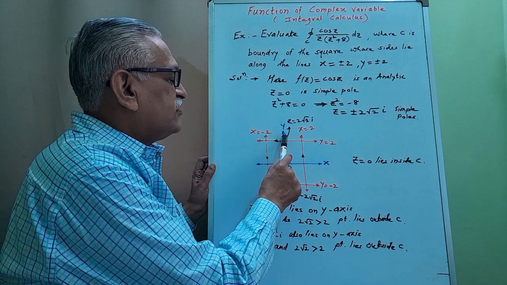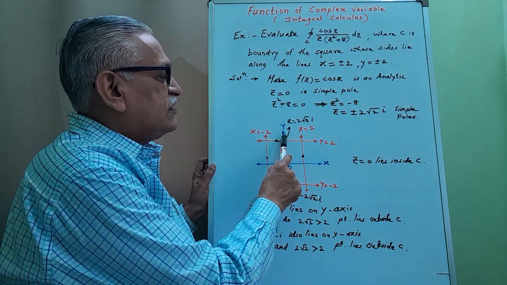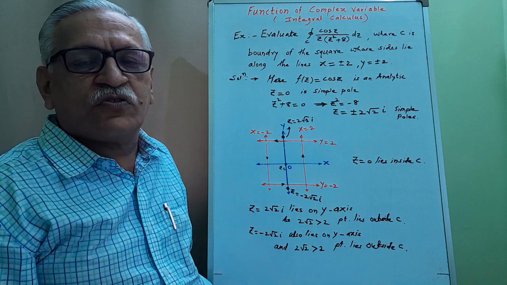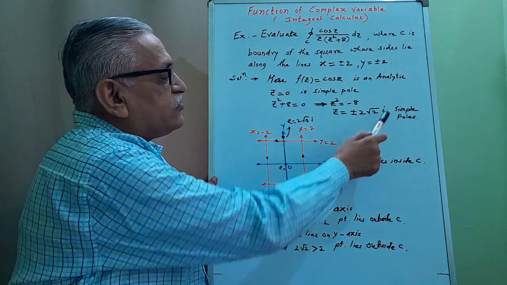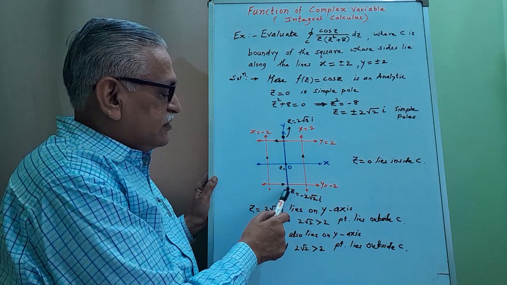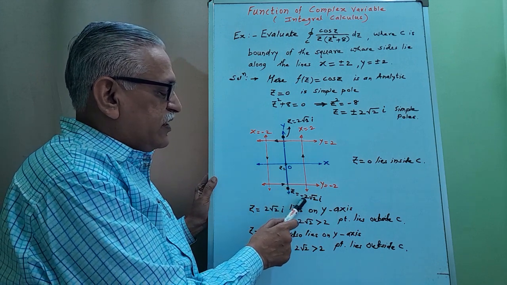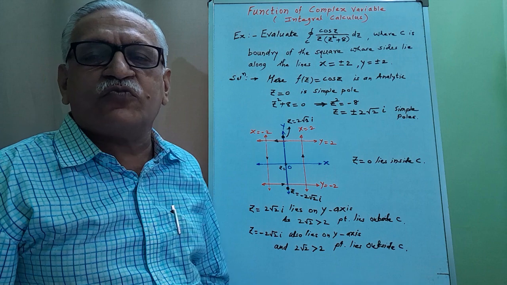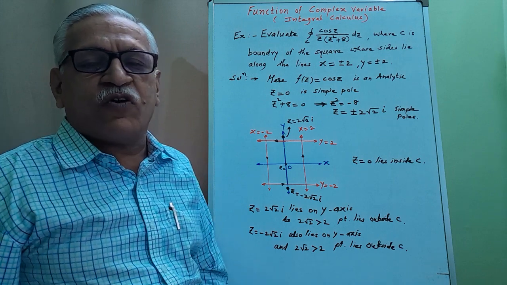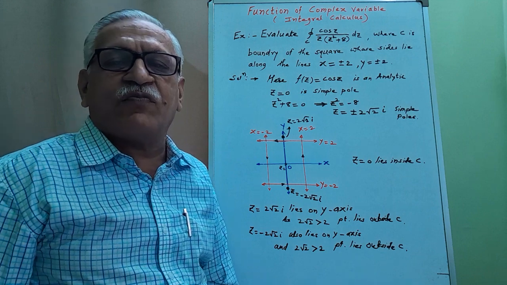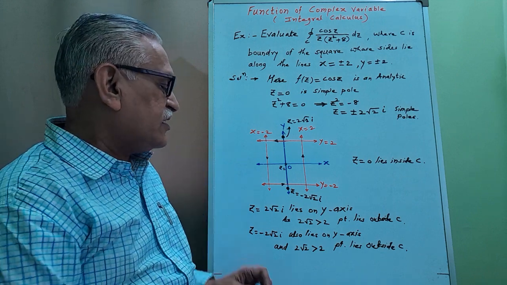So this is the point z equals 2 root 2 i, and this is the point z equals minus 2 root 2 i, and these two points lie outside the curve C. It means two points lie outside the curve C and one point lies inside the curve C.